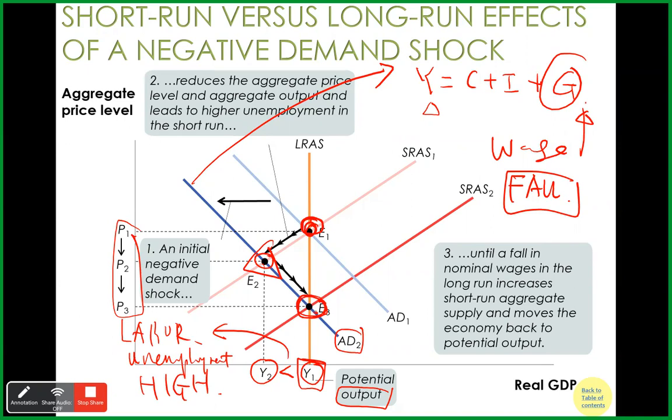So if you increase G, immediately you are going to lift aggregate demand. All right. So if you can engineer the perfect move, you can just counterbalance this force, and you can quickly return to E1.